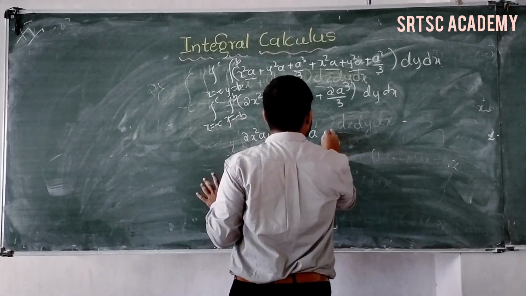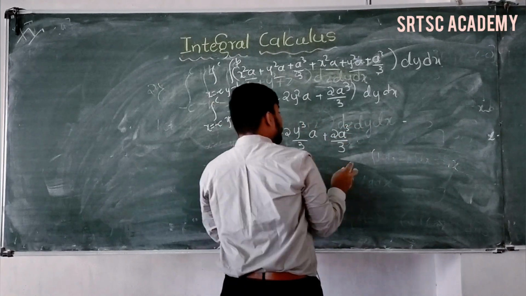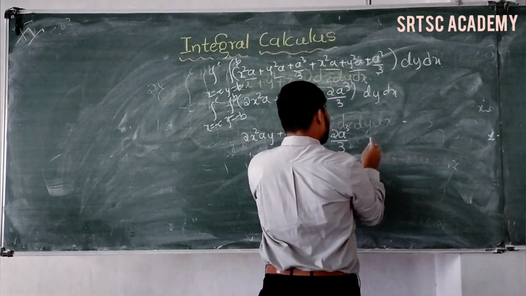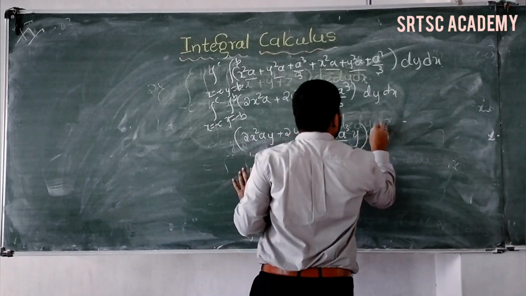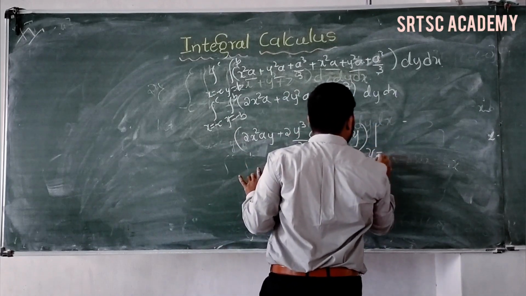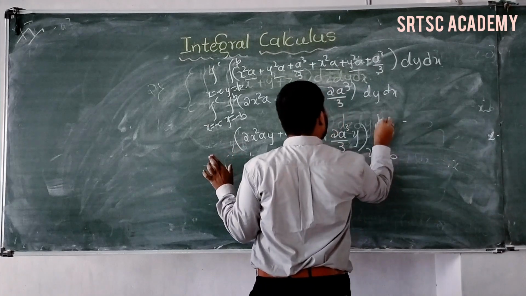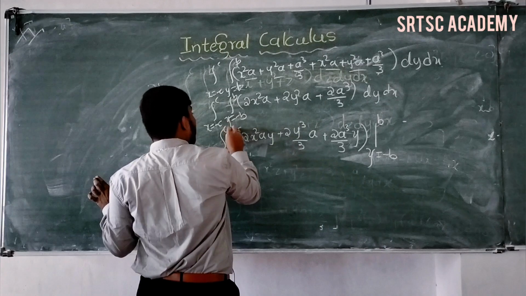Okay, plus 2a cube by 3, whole term is constant, we are doing integration with respect to y, so multiply by y. And limit, y varies from minus b to plus b. After that we have to integrate it with respect to x.